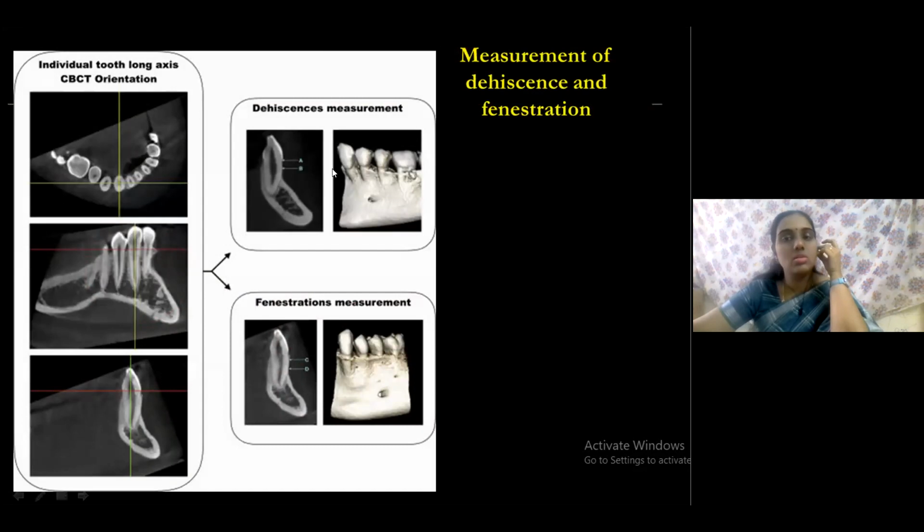In measurements of fenestration and dehiscence, CBCT plays a major role, as these will not be seen in 2D radiography, and in the 3D view of CBCT you can clearly see the extent of the fenestration and dehiscence.